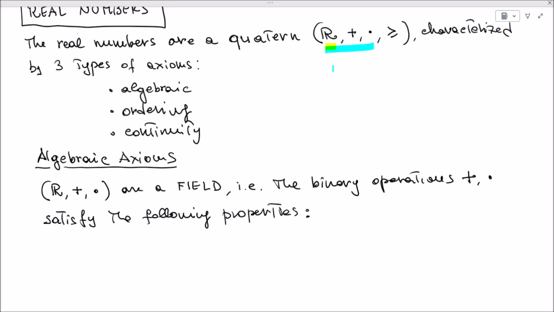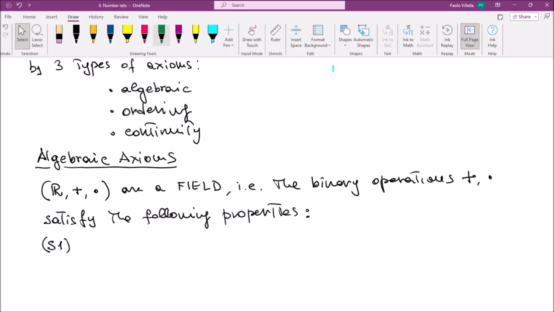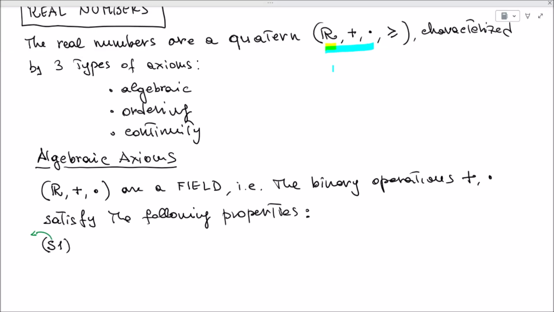So let's start with S1, where S stands for sum.